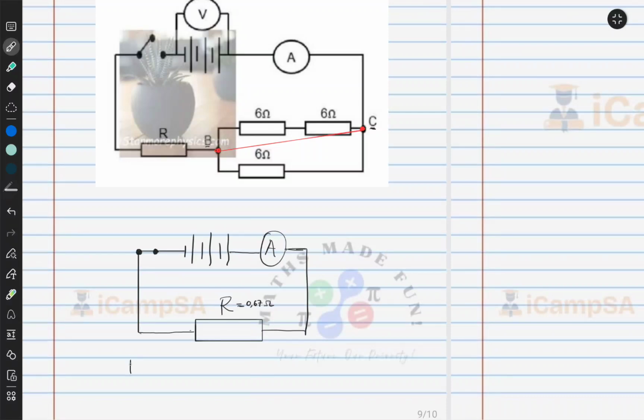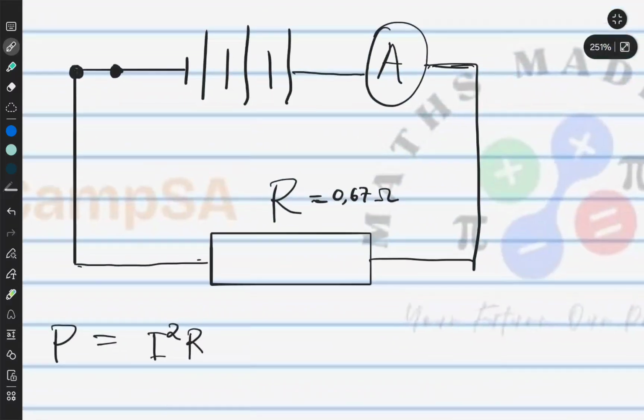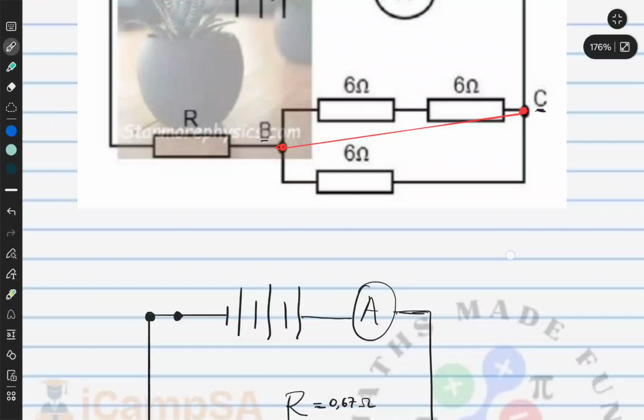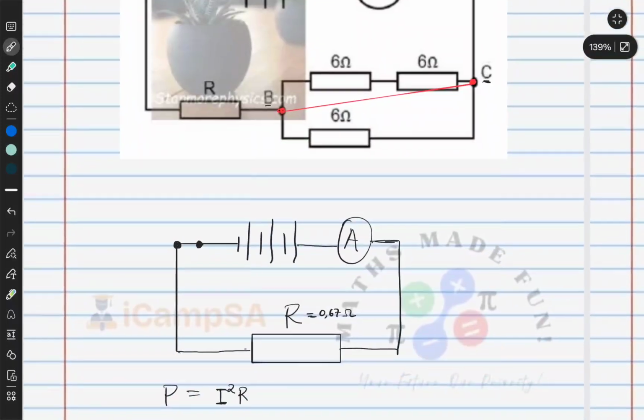So if you remember, power is given, let's use current in this case, because that's what we're talking about, I squared times R. So what happens if I increase the current? Because that's what will happen once I only have one resistor here. The current flowing in that 0.67 ohm resistor will now be higher, because the entire parallel combination is gone now.